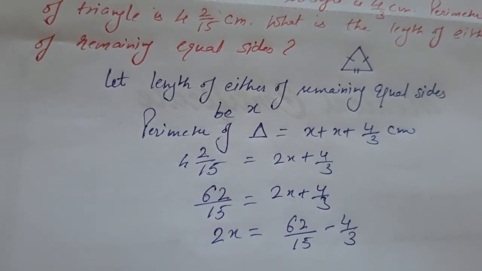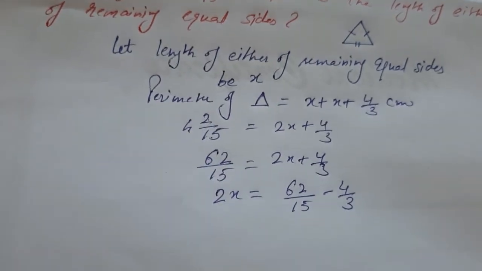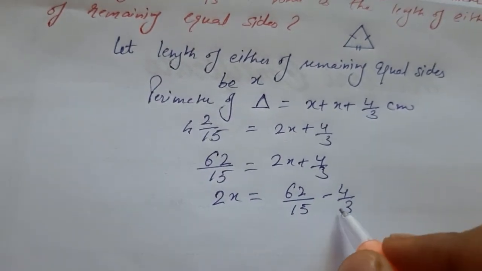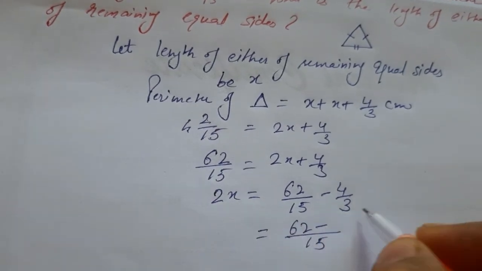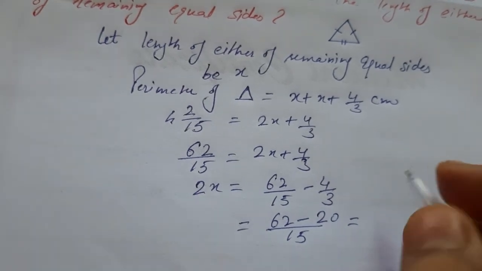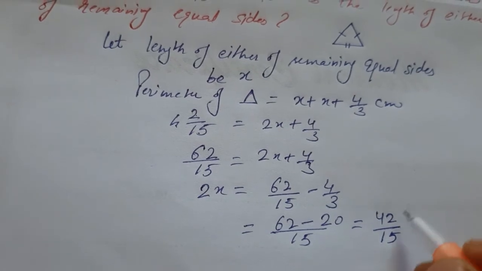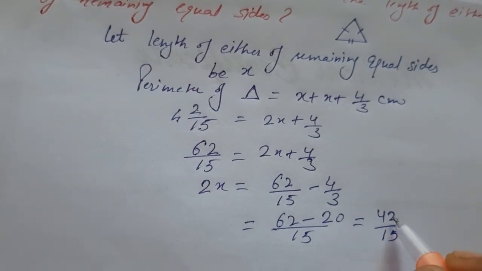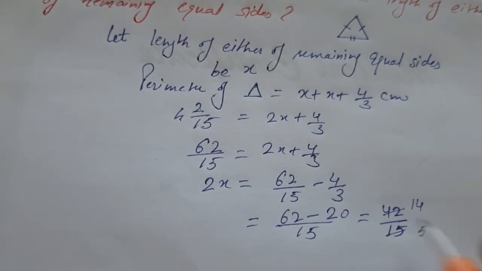When we transpose 4 by 3 to the right side, it comes out to be negative. Now take the LCM. LCM will come out to be 15. So here it comes 62 minus 20. I know everybody knows how to take the LCM. Now divide it by the table of 3. It comes out to be 14 by 5.